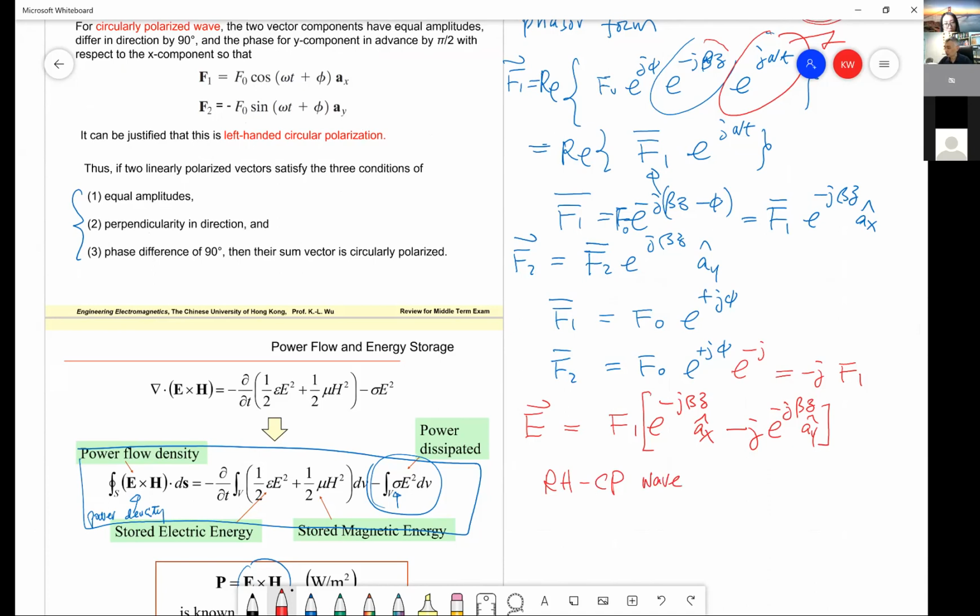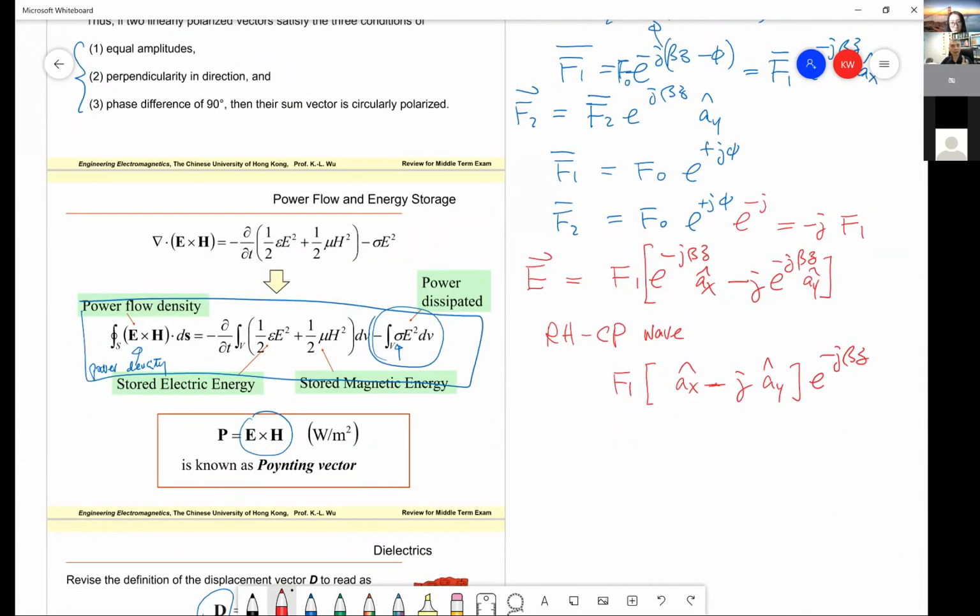We have some common magnitude, and then two polarizations. However, the y component has a minus j, which reflects the minus 90-degree phase in the y component.